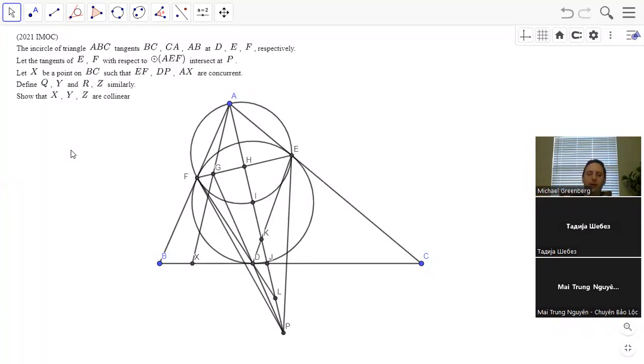Okay, so PKLH, we want to find that cross ratio in terms of the sides of ABC. I wonder how we can do that.